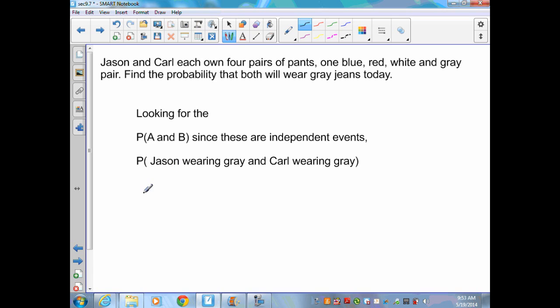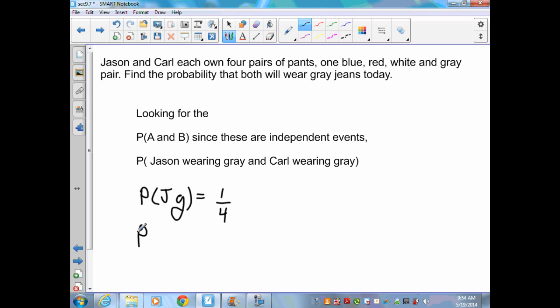So we need to find the probability of Jason wearing gray and Carl wearing gray. The probability of Jason wearing gray, which I'll abbreviate as JG, is: there are 4 pairs, blue, red, white, and gray. There's a total of 4 pairs, and only 1 pair is gray. So the probability of wearing gray is 1/4.